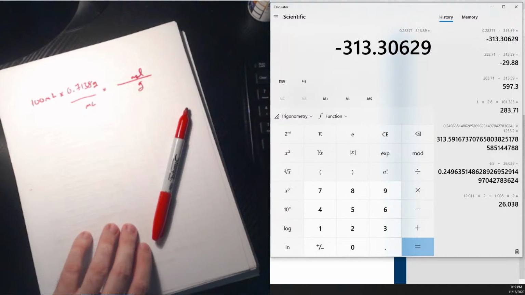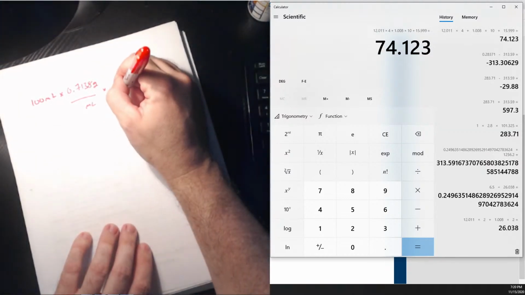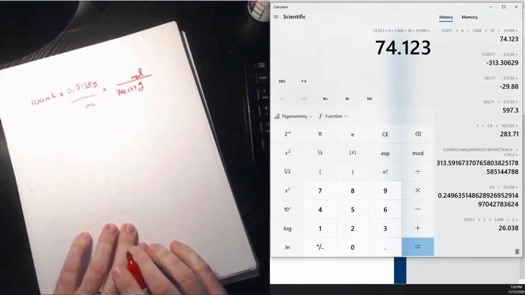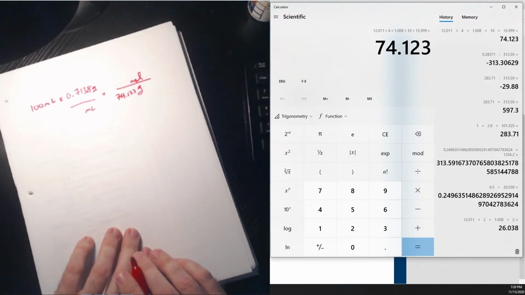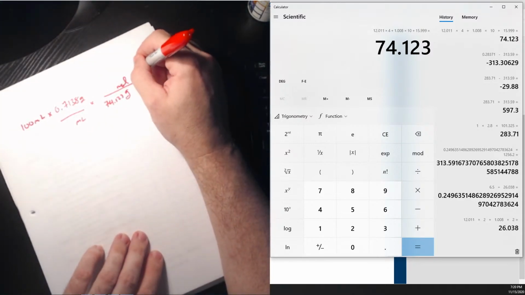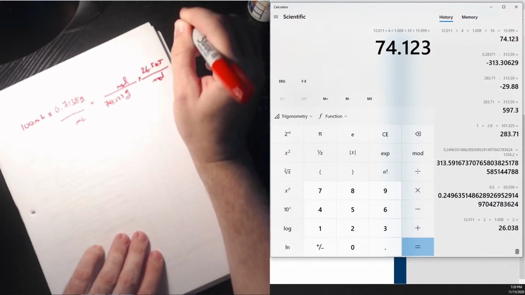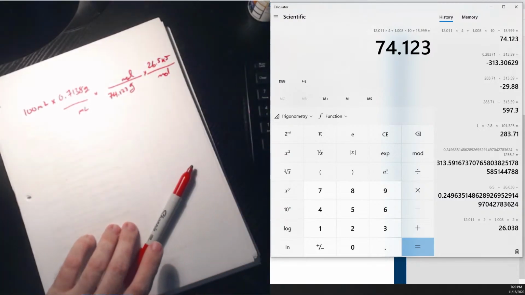It's C4H10O, so 12.011 times 4, 1.008 times 10, and 15.999. 74.123 grams per mole gives us our moles of diethyl ether. And then we multiply by 26.5 kilojoules per mole. Yep, that's all it's going to take.